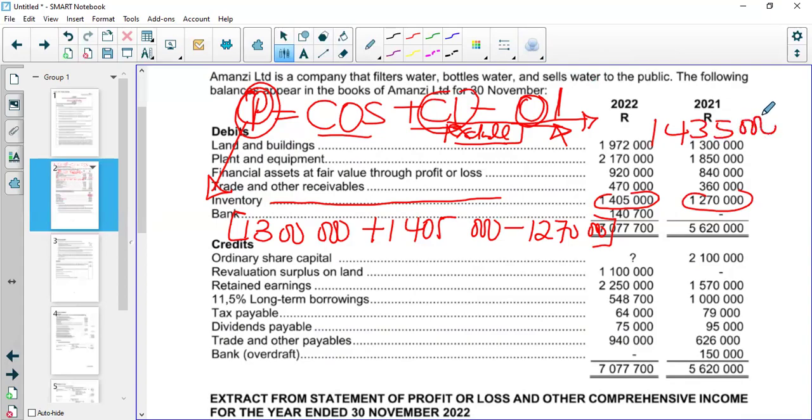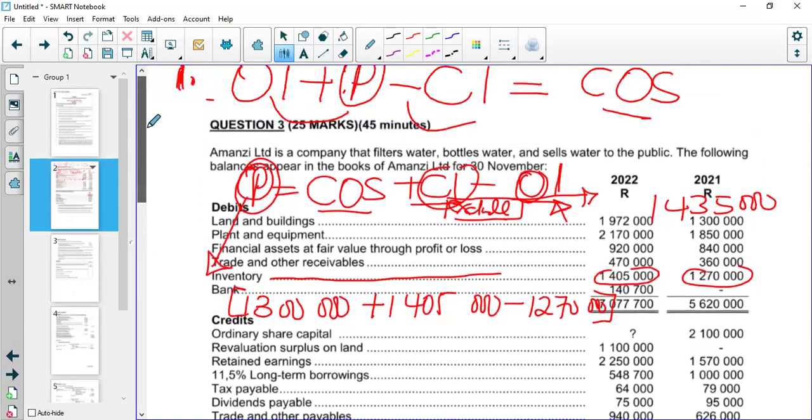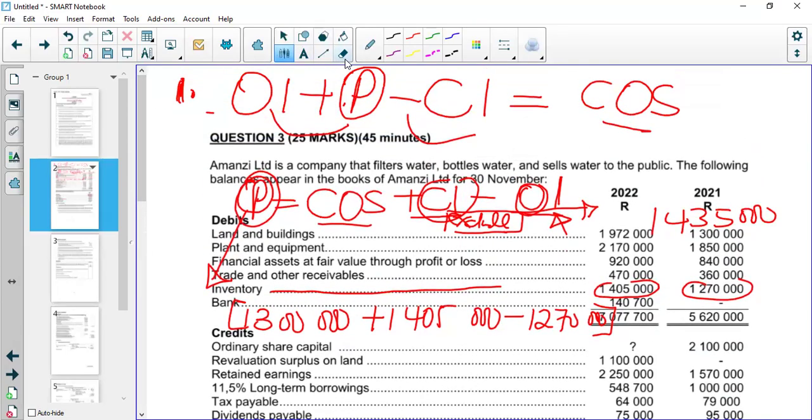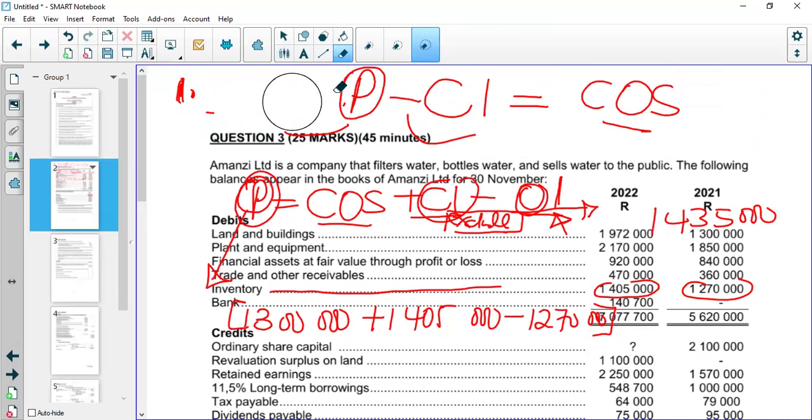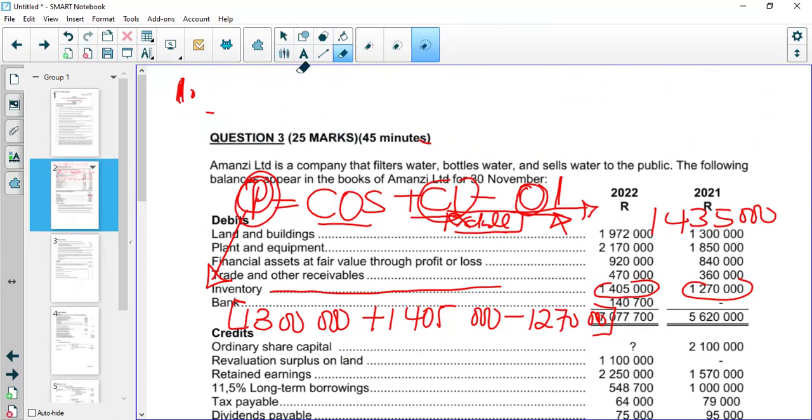Now, this doesn't tell me whether I paid for the purchases or not. Now I need to determine how much was paid for those purchases.